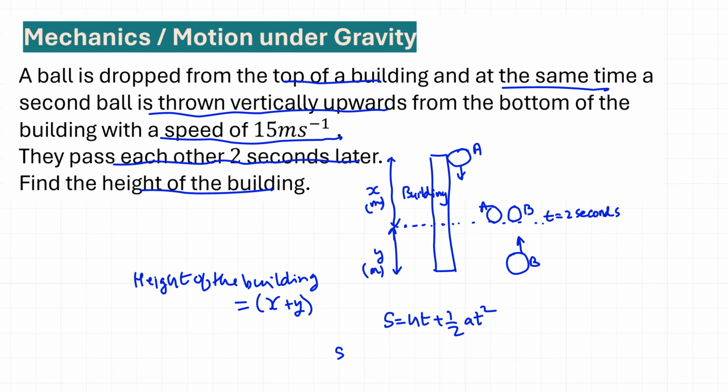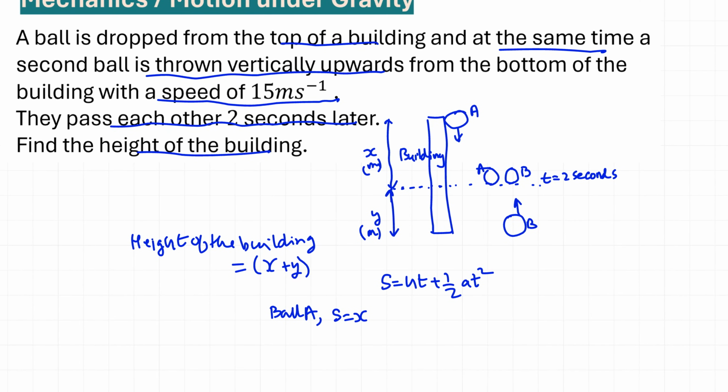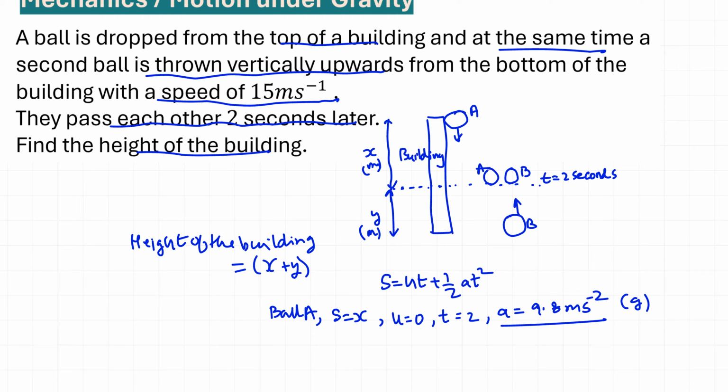Here s is x for ball A, u is 0, it starts from rest, t is 2, and a is 9.8 meters per second squared because it is g, gravity.